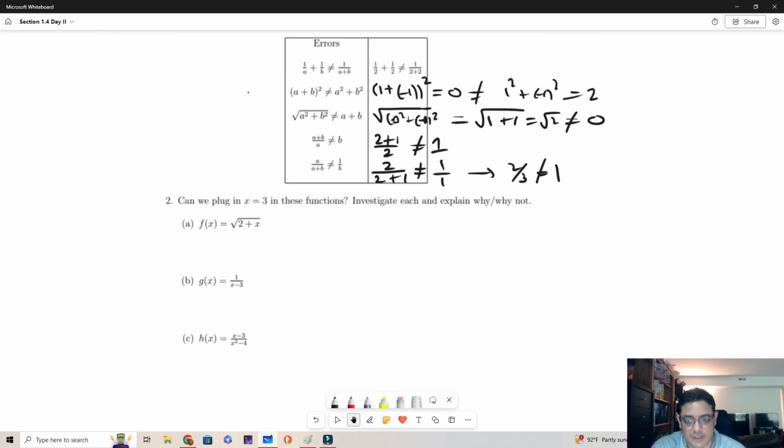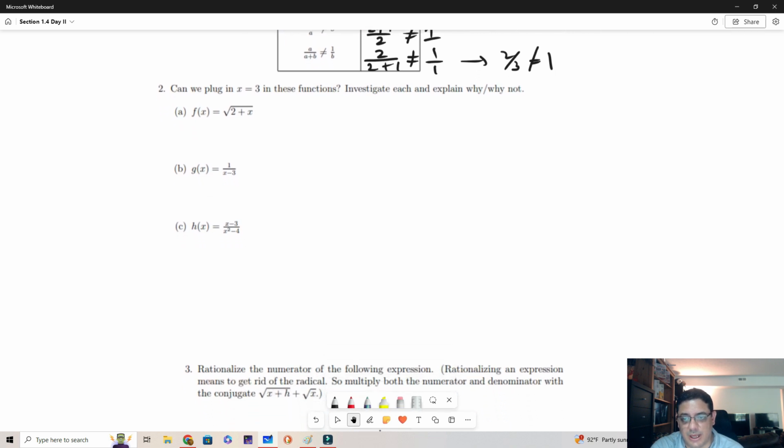Now, for number 2, we say, well, can we plug this x in this function? Let's investigate if it's possible or not. This is very similar to the question of the domain, where we're checking if we plug in one value, that's going to work out or not. So for example, if we do f of 3 here for this function, this is the square root of 2 plus 3, or it's the square root of 5.